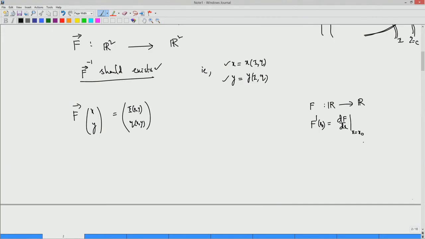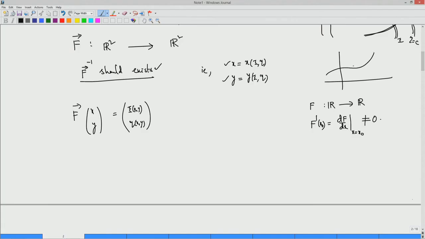Let us suppose this derivative is non-zero. What is this f? f is a curve in this line.